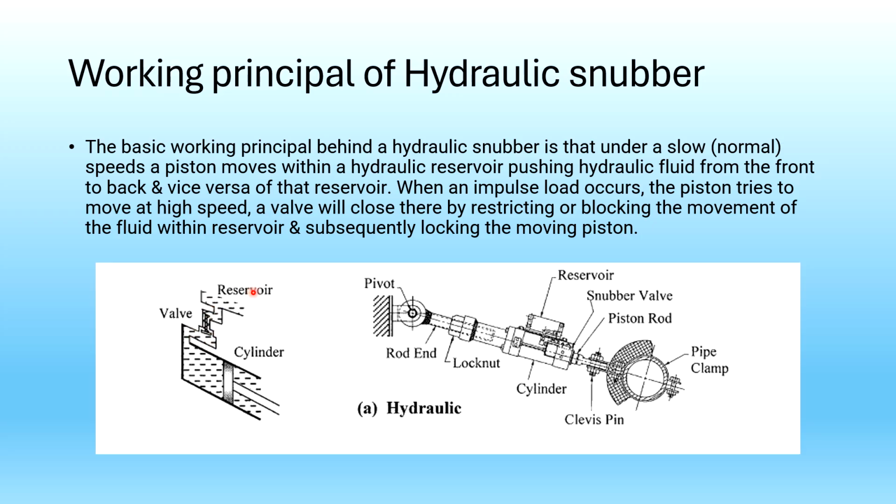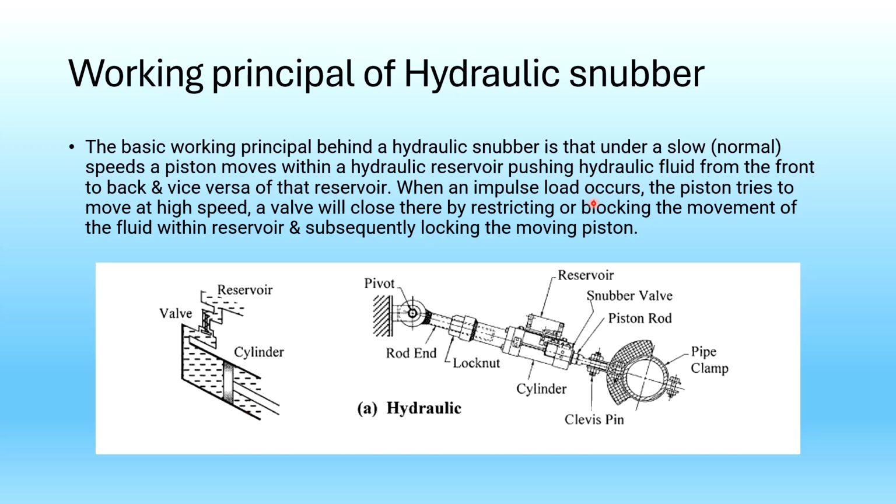It will go from up, come down, and again when the piston comes back, it will go from here to here. So the movement happens to and fro. So you don't restrict the movement of the snubber, and the snubber will remain inactive in terms of thermal movement, and the motion will be continuous.